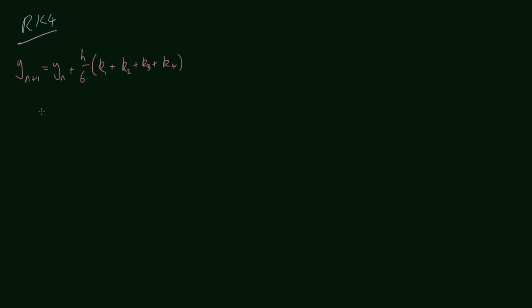So we have these four stage values. k1, as with all explicit methods, is just f of tn, yn, where f of t, y is your ODE function. k2 is slightly different: it's f of tn plus a half h, yn plus 1/2 h times k1. k3 is f of tn plus a half h and yn plus a half h times k2.